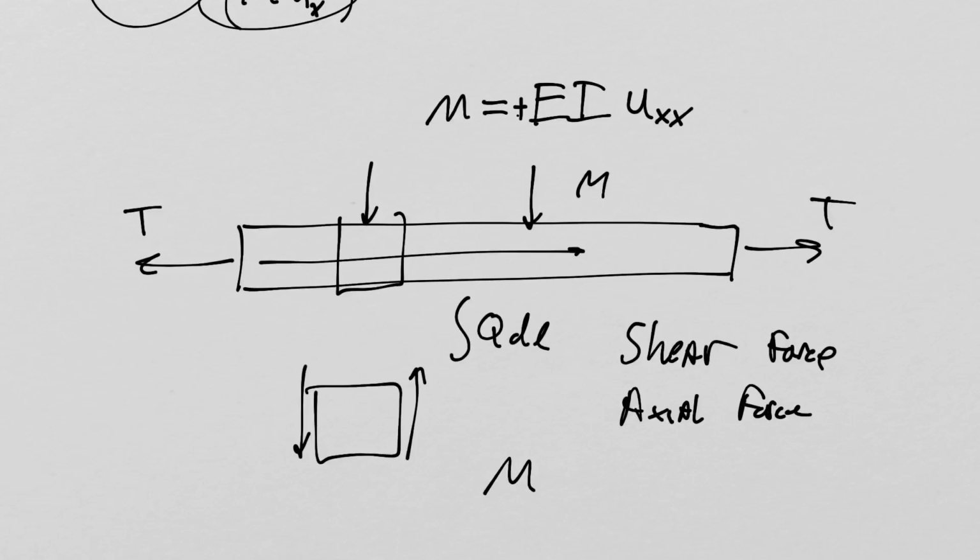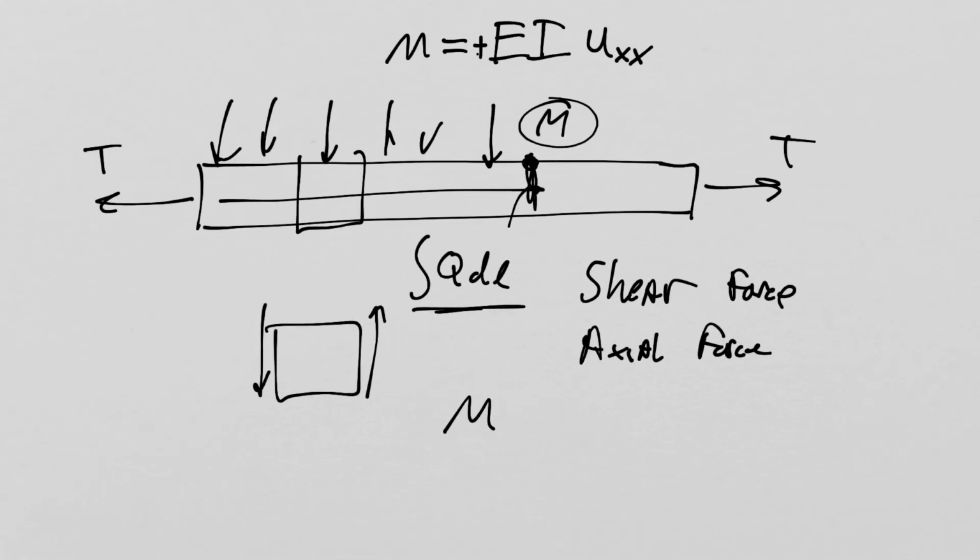So if I integrate these shear forces down the length of the wire up to a point, then that integral will be the bending moment at this particular point in the wire. So the bending moment is related to the shear force.